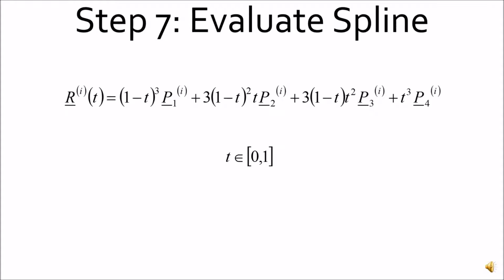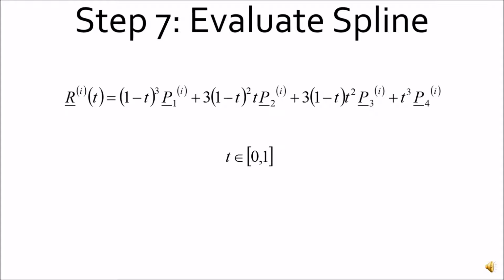This is a cubic equation, and basically you have a parameter t which you enter into this equation, and that will affect the prefactors which are placed in front of our 4 points. So the position of interest is some sort of mixture of the 4 points in our cubic spline.